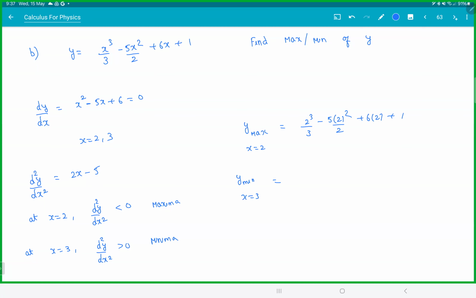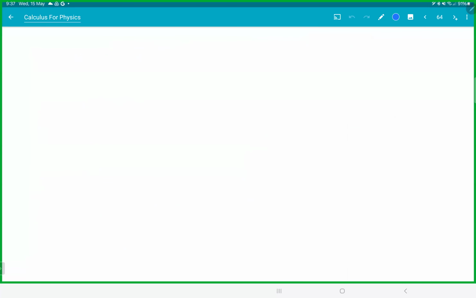Let's see one more. Y is equal to x plus 1 by x. Find maxima or minimum value of y and approximately plot the graph.